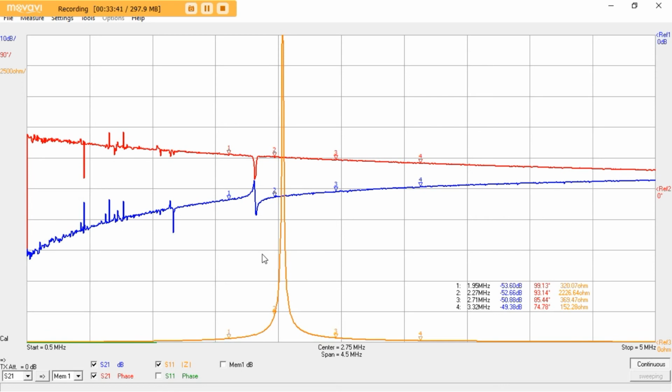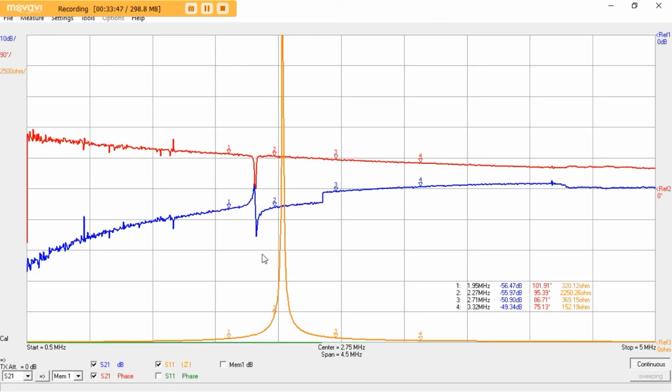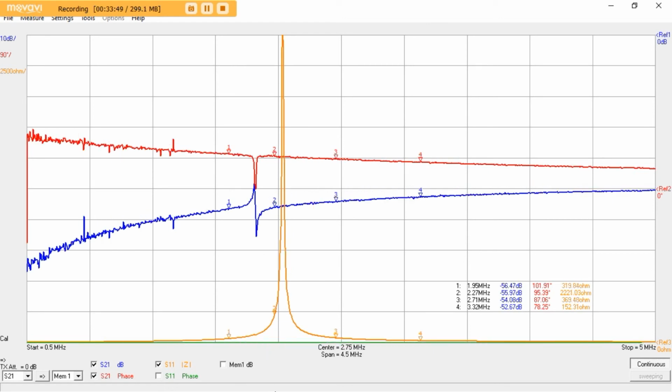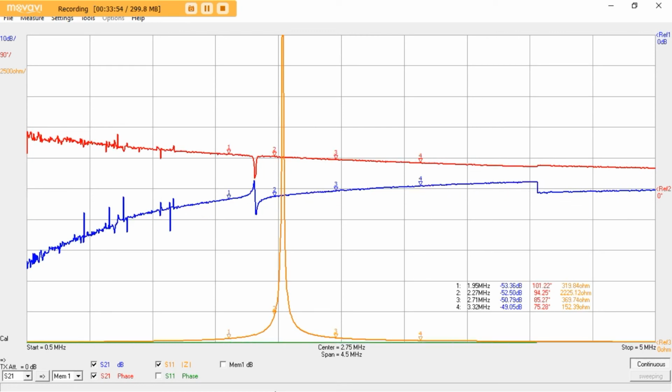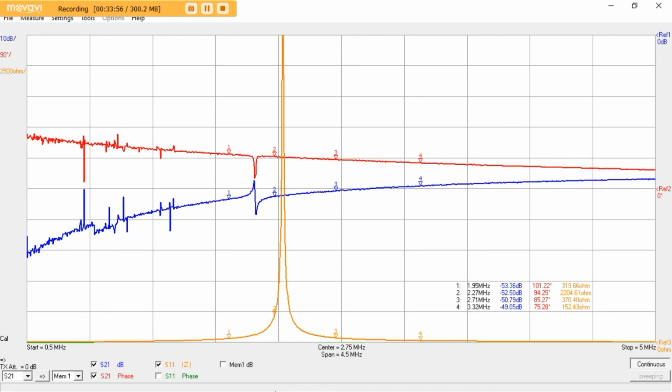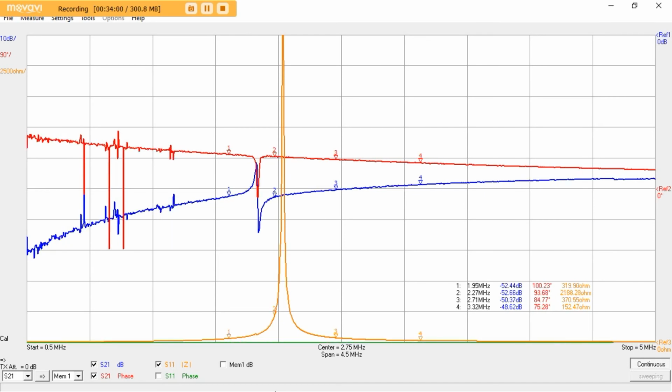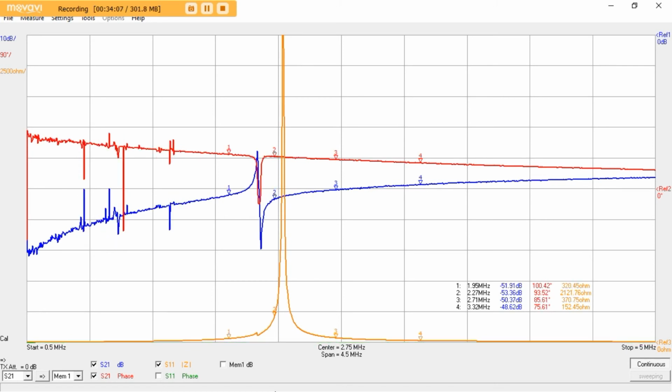So now I'm going to move it back down. Okay, sliding them slowly towards each other. Coupling is starting to come back.